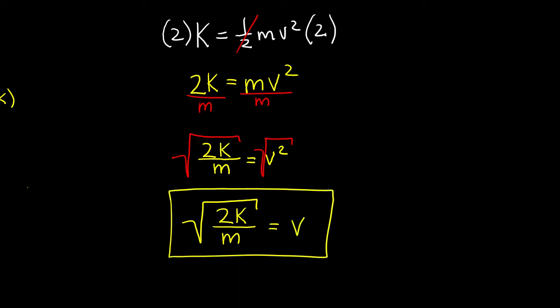This equation will prove useful if you know that 2 samples or 2 objects or whatever have the same kinetic energy and they have different masses. You can determine their actual velocity or their average velocity. It gets a little bit stickier when you talk about average velocities and Boltzmann distributions and such, but this is all you would need to calculate the velocity of most macroscopic things using kinetic energy and mass.